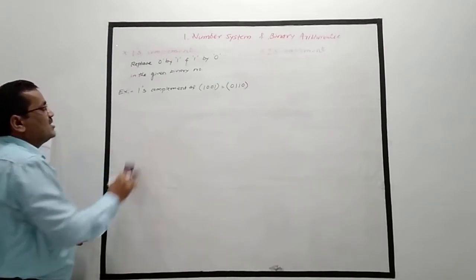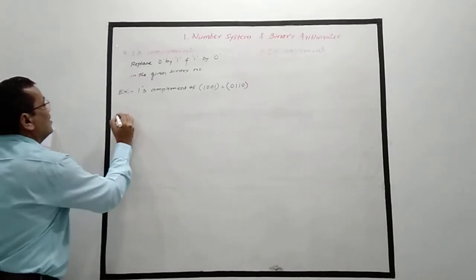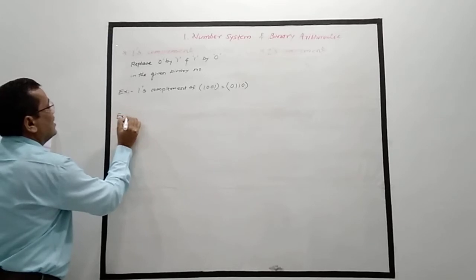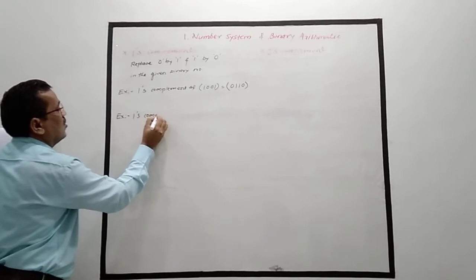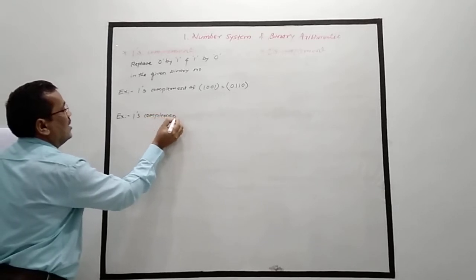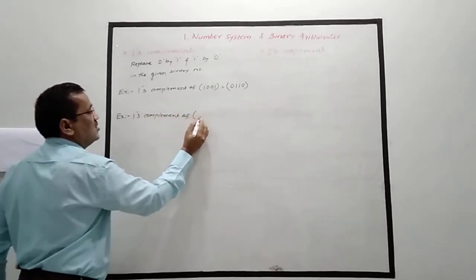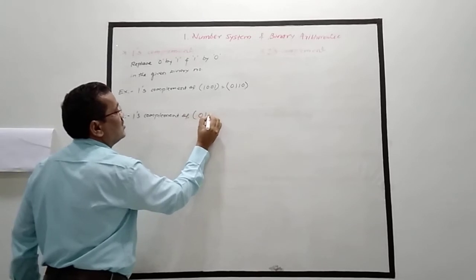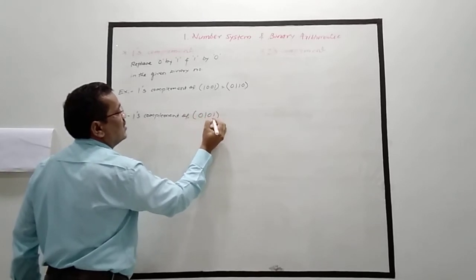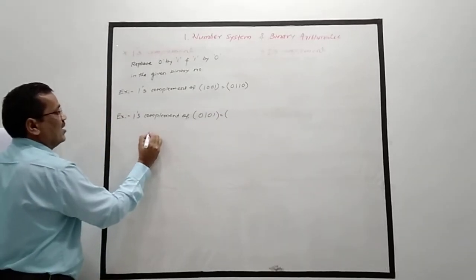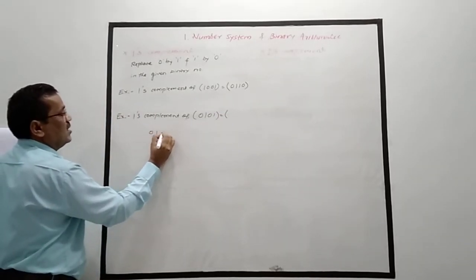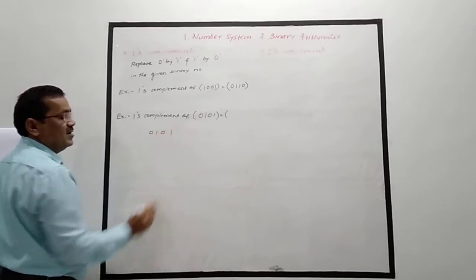We can understand by taking another example. Ones complement of 0101. What is the ones complement? Write the given binary number 0101.